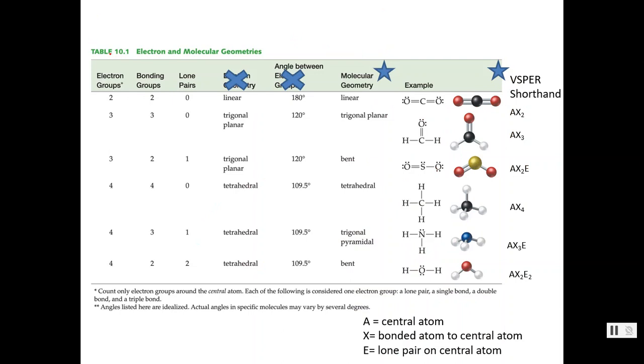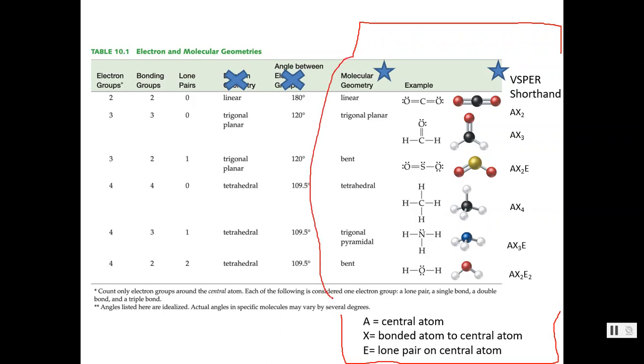So this is the chart that is from your textbook. The most important part of this chart, which obviously you'll be able to use on quizzes and exams, is this section that I'm boxing right here on the left-hand side. In this region, this is a way to summarize what the molecular geometry of a molecule is if you know what the VSEPR or the AXE notation is for a molecule.